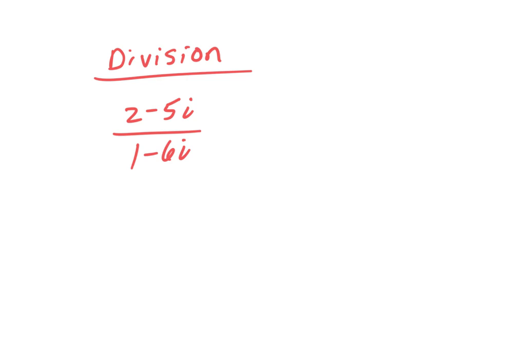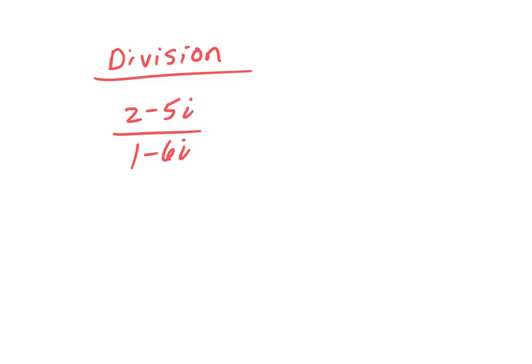What you cannot do, because this is a binomial and this is a binomial, is just knock those i's out and make them disappear. If there were no plus or minus signs, then I could do that. But with plus or minus signs attaching things together, that makes it an entire expression or term, so we can't just knock the i's out.